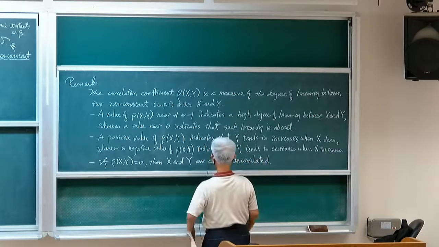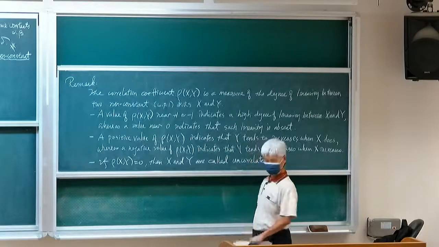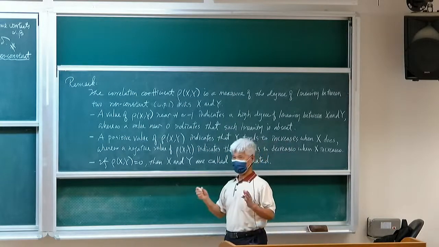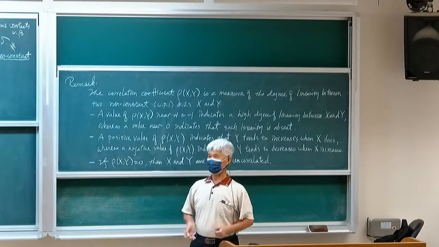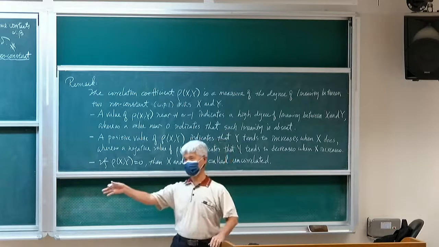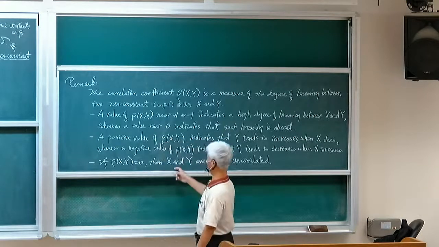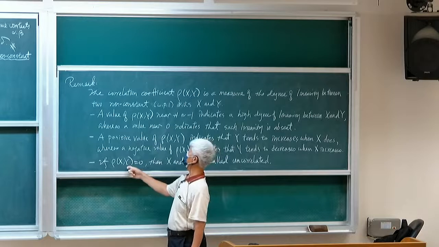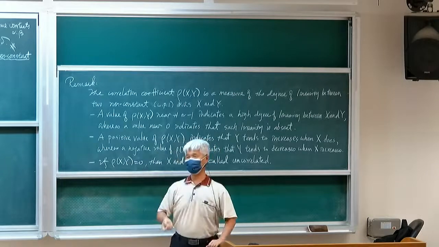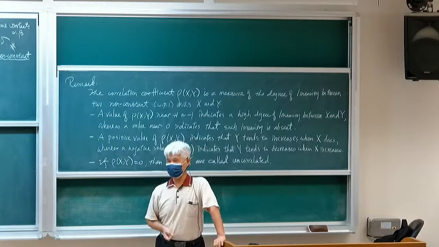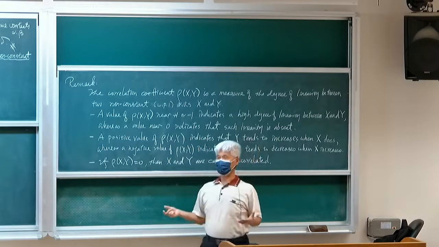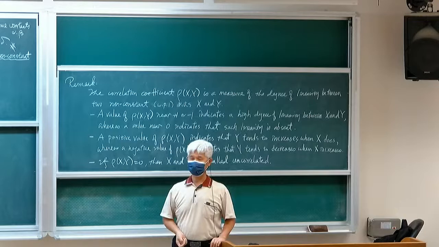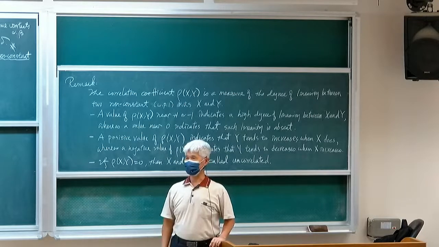It's usually a tragedy if a drug company develops a drug for some disease and finds out that the correlation coefficient is near 0. That is really a tragedy, because that means there is no effect, and all the investment is a waste.